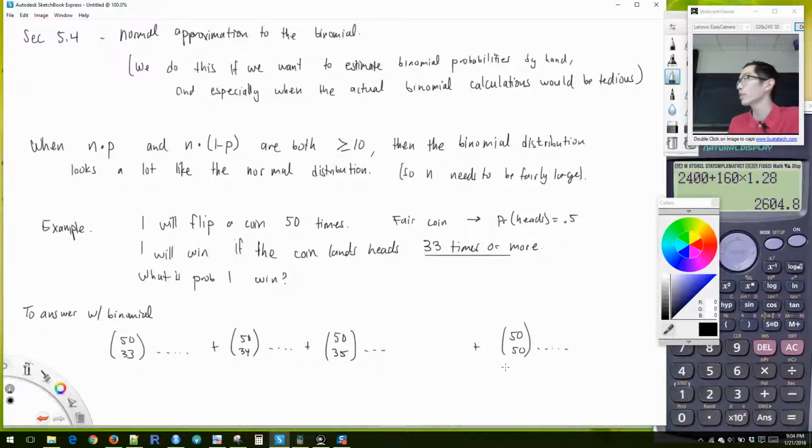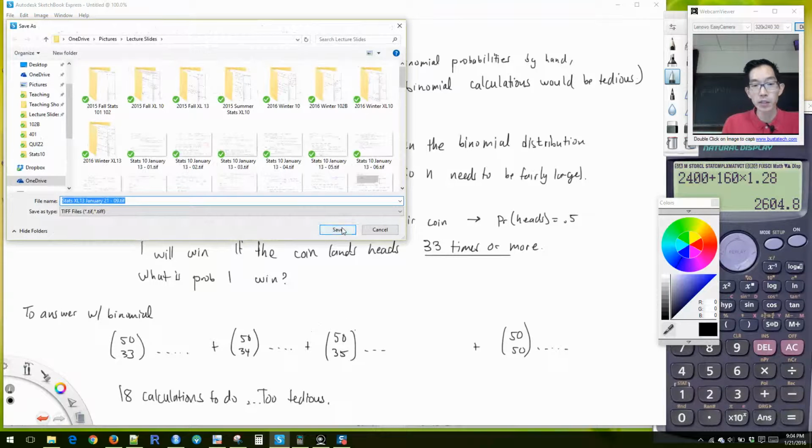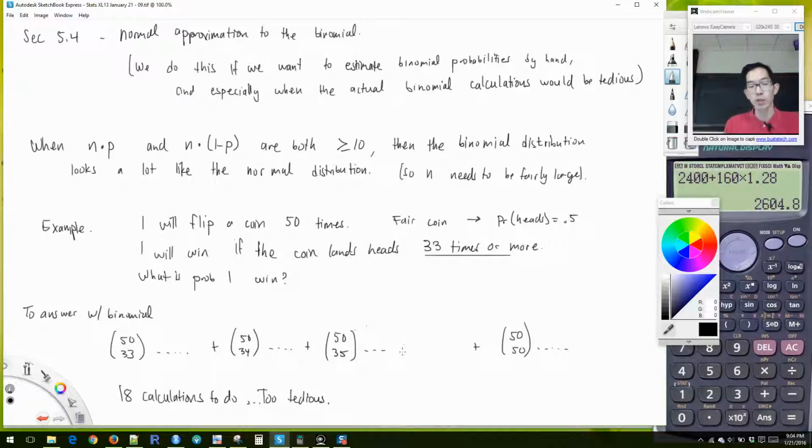There's 18, I think, if you count them up. We don't want to do that. So this involves 18 calculations. This is too tedious. Okay, so instead, we are going to do the normal approximation.